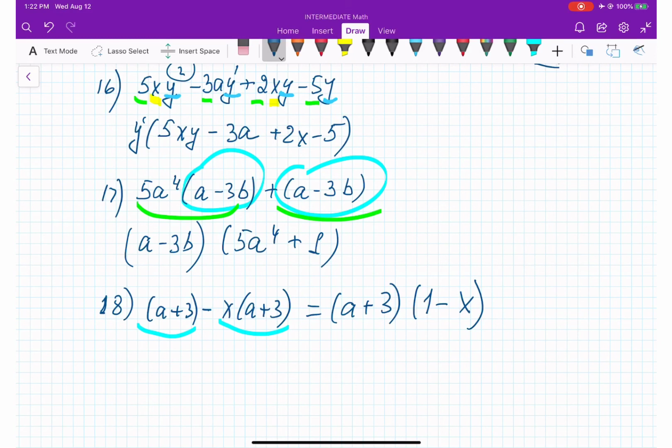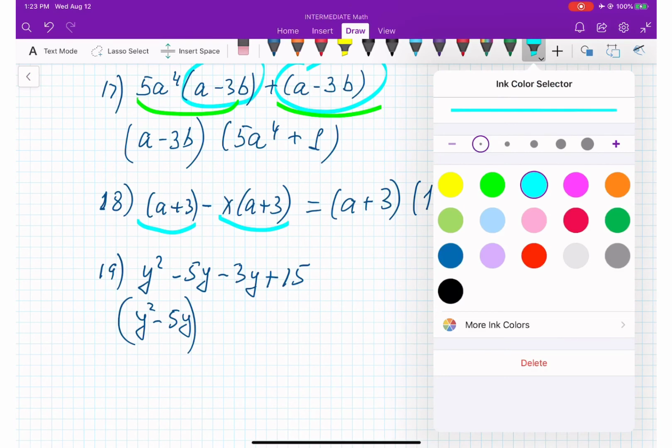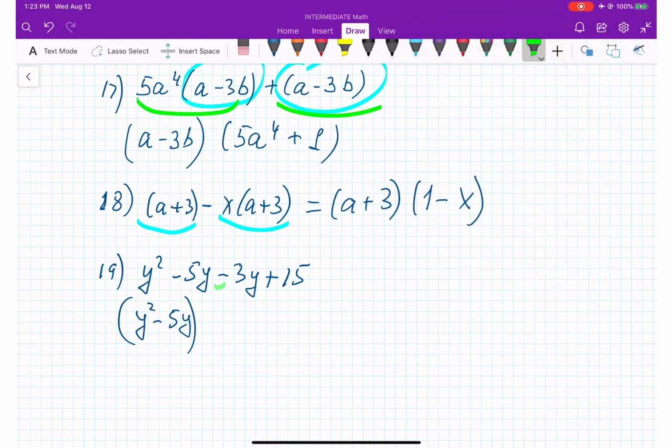Number 19. Factoring by grouping. So we get y squared minus 5y minus 3y plus 15. So first thing, we have to group them together. What do we get? Y squared minus 5y, and because here we have subtraction, it's going to flip every single sign in parentheses because we are going backwards, encapsulating in parentheses.